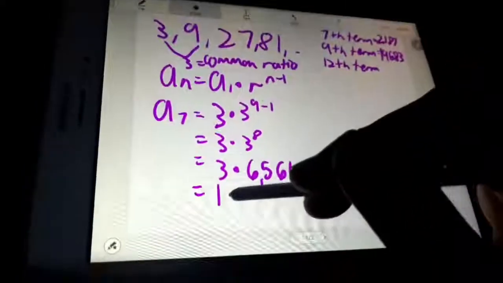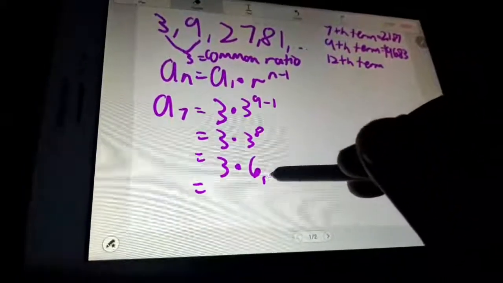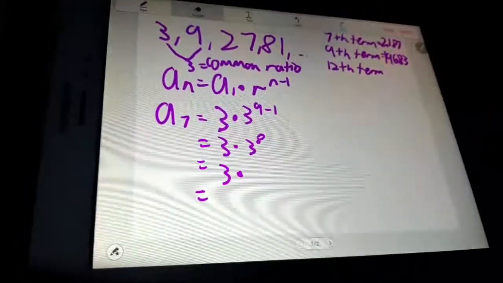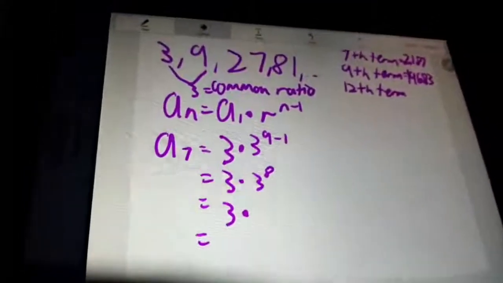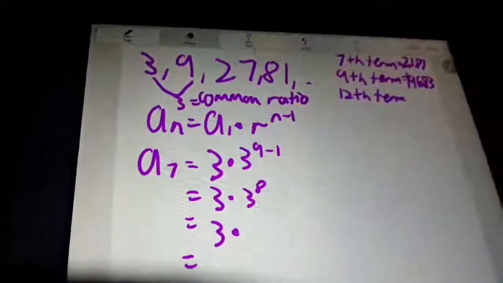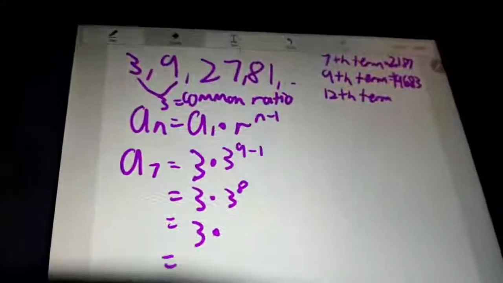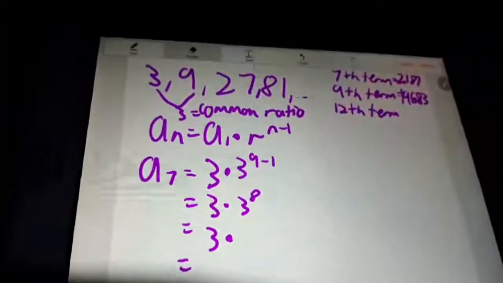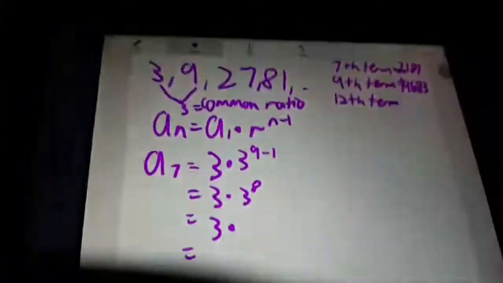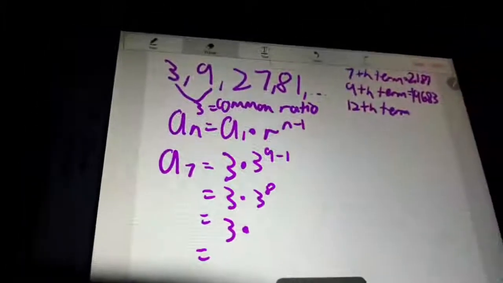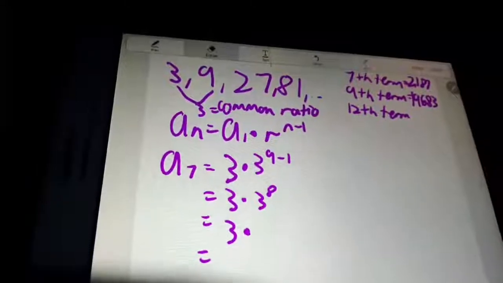Last one is the 12th term. So, kung mas madali sa calculator, dapat 3 times 3, then put the exponent function, and then put the parentheses, okay? Para hindi mahirapan.